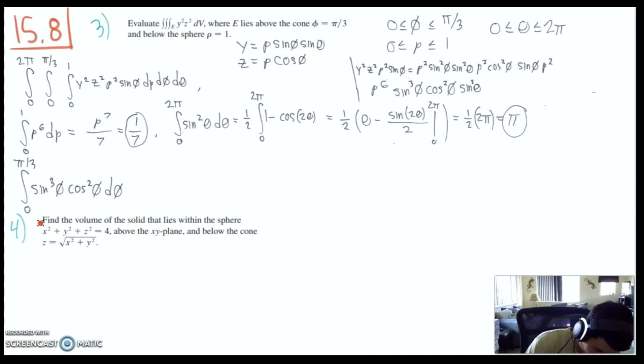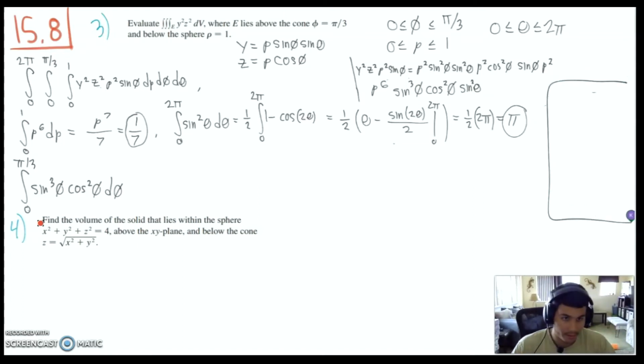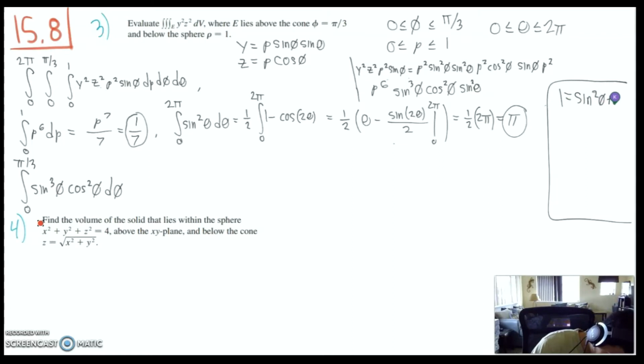Let's make a little box right here, and I'm going to show you how we're going to convert this. We're going to use the fact that 1 equals sine squared phi plus cosine squared phi. That's true, we all know that. Then sine cubed phi is equal to, let me not skip a step for people here, sine squared is 1 minus cosine squared phi.